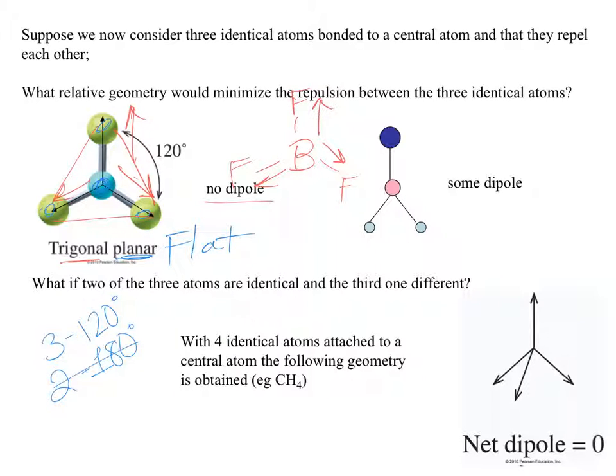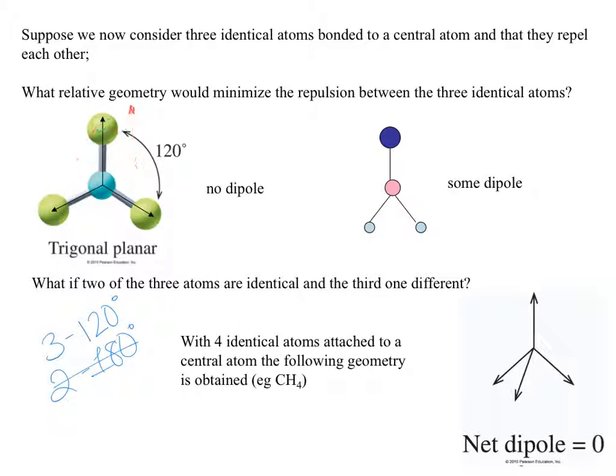The three vectors, because it's flat, would actually cancel. And so this results in a non-polar molecule. Again, they have to be three of the same things attached to the central atom. Non-polar.